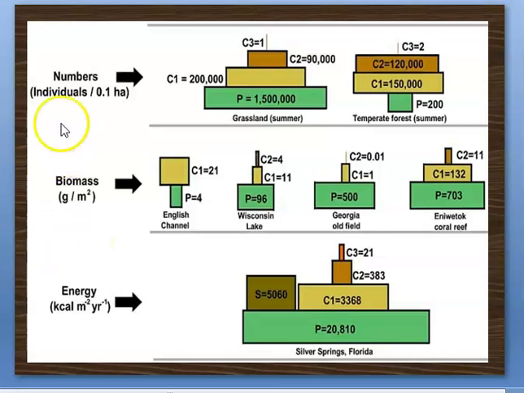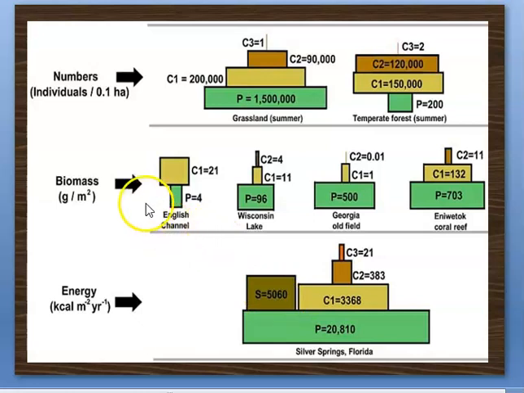These are pyramids of number, where the number of individuals is located. You can see the numbers here. And the pyramid of biomass, where the weight in grams is given. And then the last is the pyramid of energy, where the energy in calories is mentioned here.